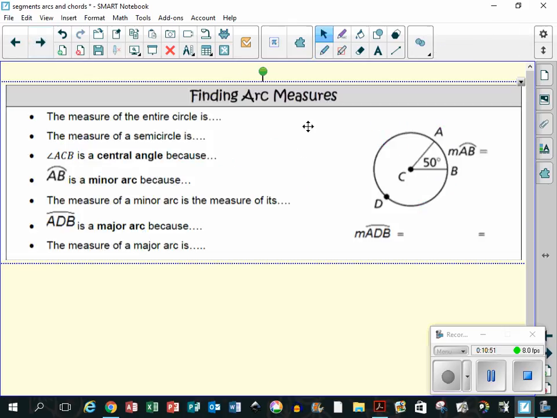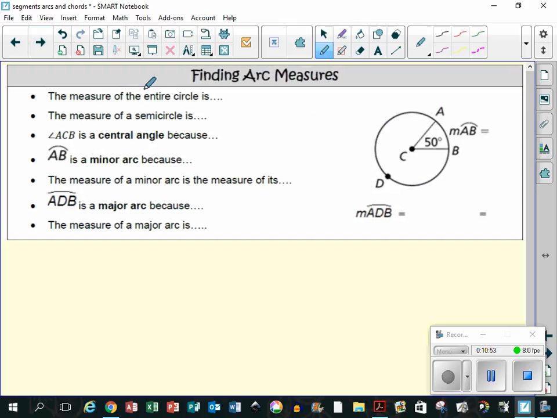Okay, here we're going to find arc measures. So the measure of the entire circle is 360 degrees, so all the way around. The measure of a semicircle is 180 degrees. The measure of the central angle, so the measure of angle ACB is 50 degrees.